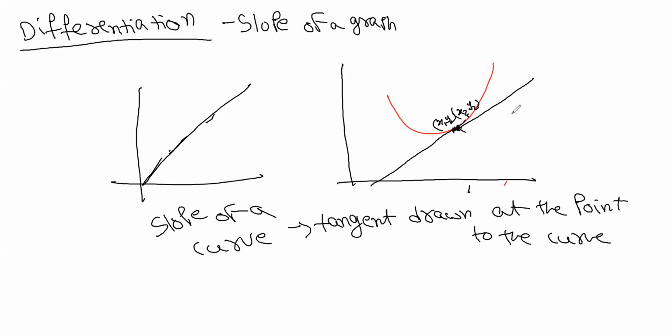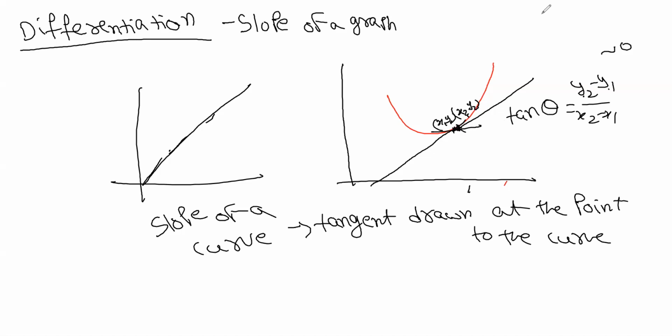Now, there will be a small theta. If you calculate tan theta with the same formula, y2 minus y1 by x2 minus x1, since the points are just adjacent, the difference is very, very small, similar to 0.